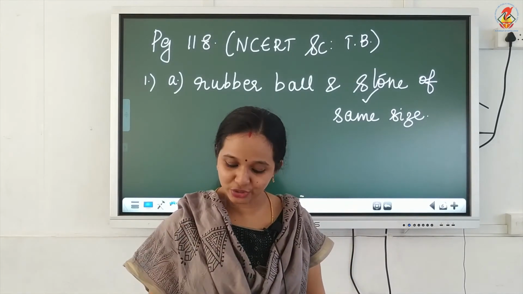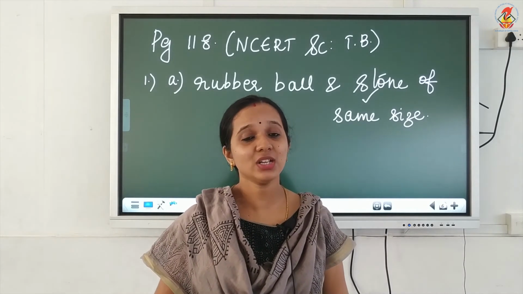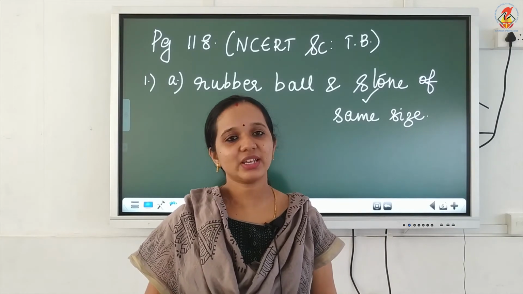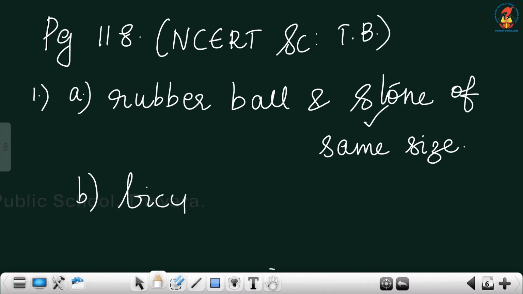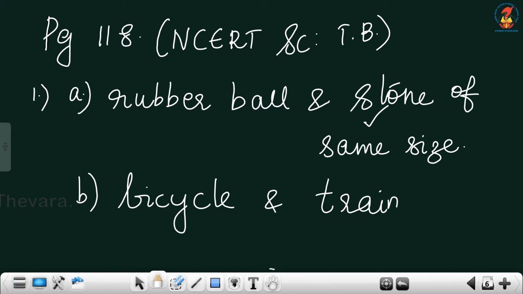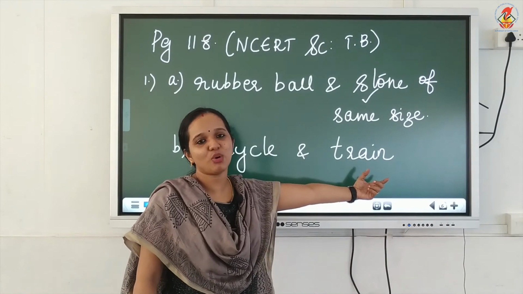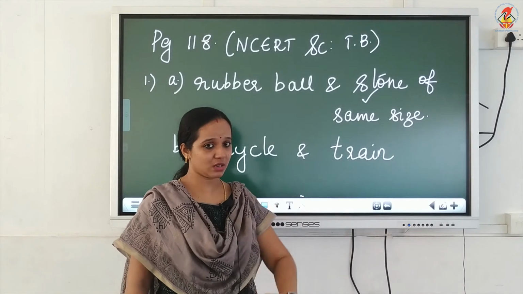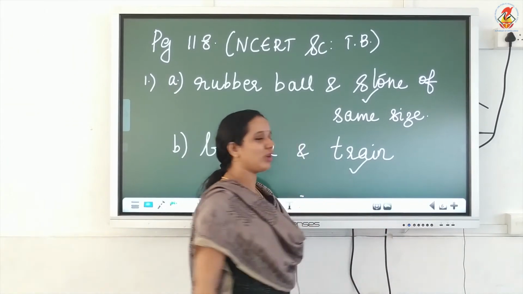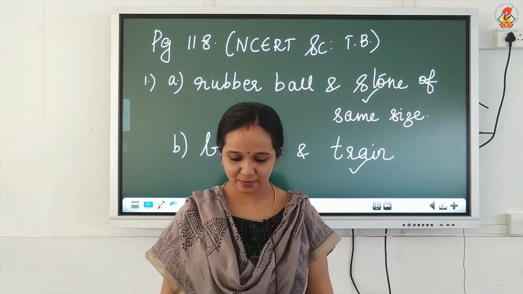Question number 1, subdivision B: a bicycle and a train. Again, compared to the bicycle, the train is heavier. Heavier objects have greater inertia. Hence, the train will have greater inertia compared to the bicycle.